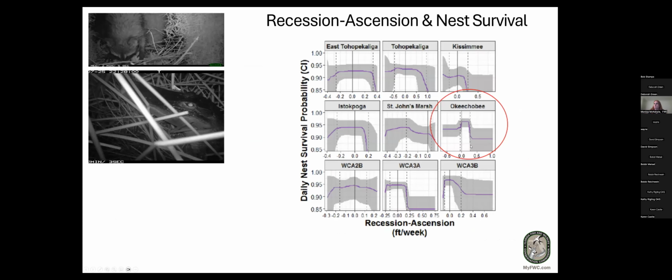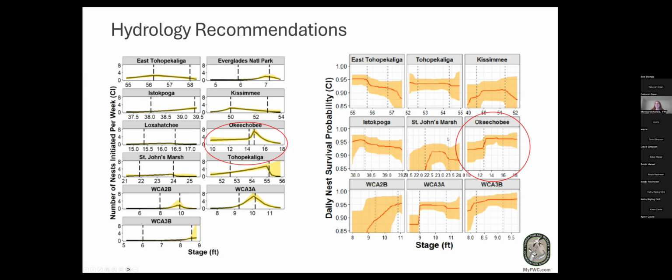So this graph here is the daily nest survival probability based on that same lake stage. Below 12.5 feet, the nest survival drops off.